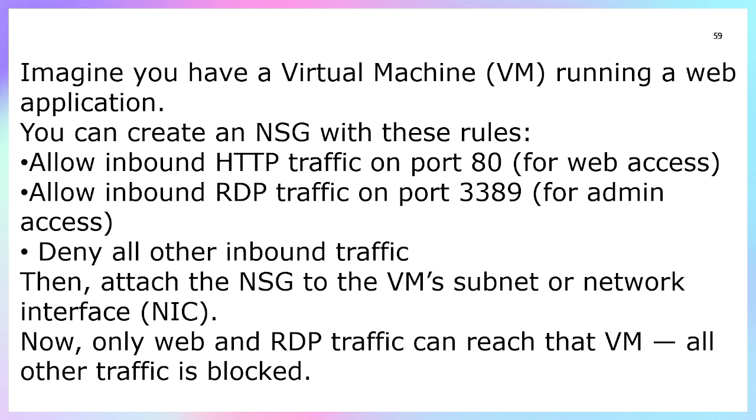Then attach the NSG to the VM's subnet or network interface. Now only web and RDP traffic can reach the VM. All other traffic is blocked. So here we implemented rules with the NSG that allow only port 80 and RDP 3389. The rest of the traffic that comes will be blocked.